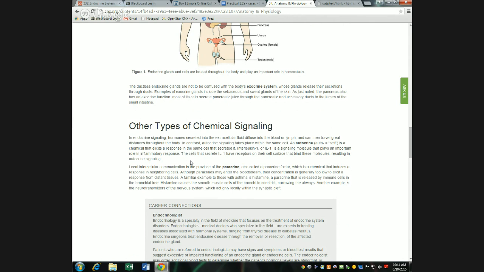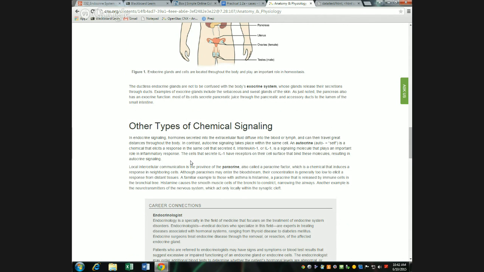A good example of that is in the stomach. In the glands in the stomach that make stomach acid, there are cells that release a hormone called gastrin. And gastrin increases stomach activity. So when you're eating food and your stomach is very active, it's making stomach acid and other secretions to help digest the food.